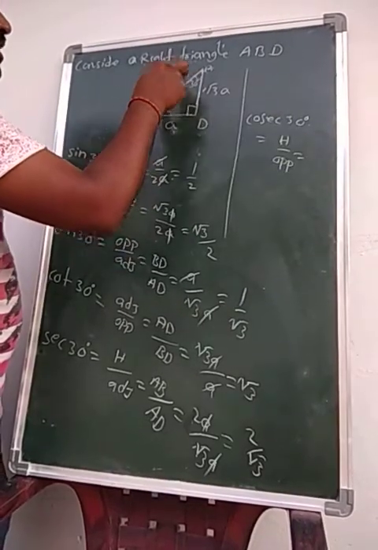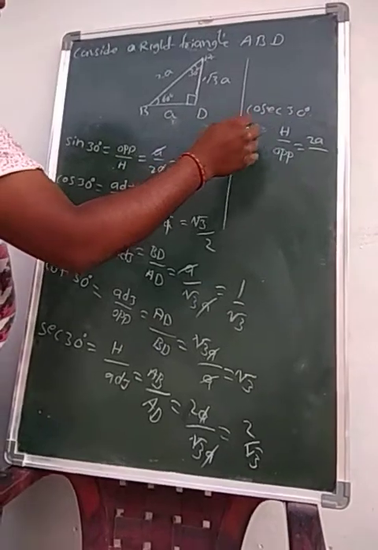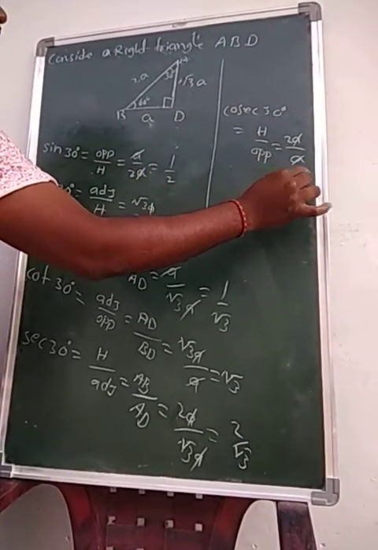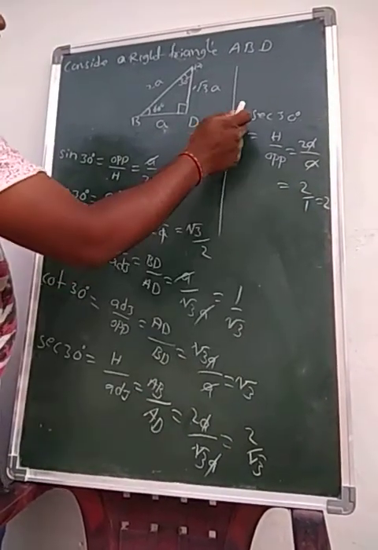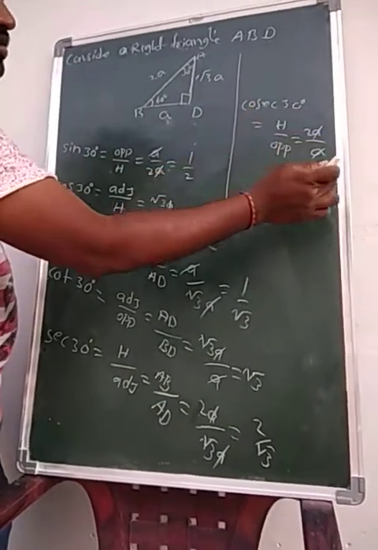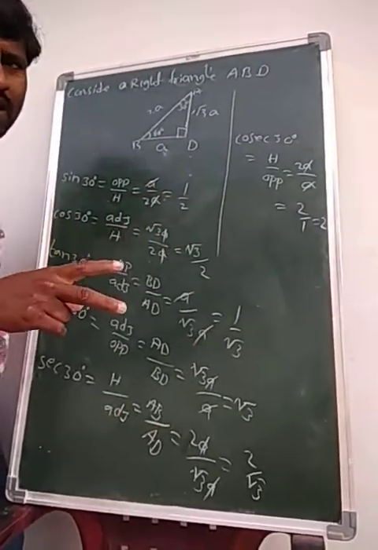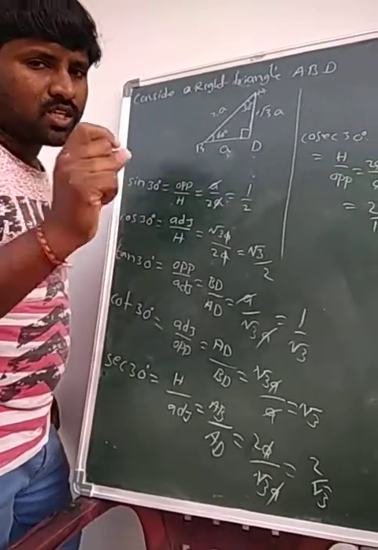Hypotenuse is 2A, by opposite, that is A. A cancels, so we get 2 by 1, that is 2. So cosec 30 equals 2. Like this we can find the trigonometric ratios of 30 degrees.